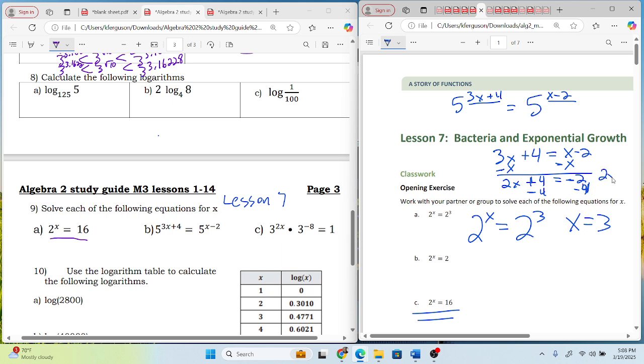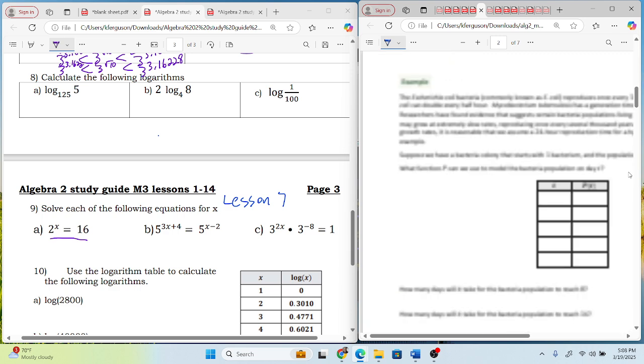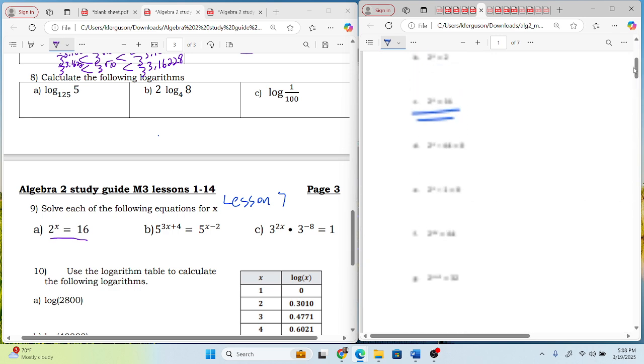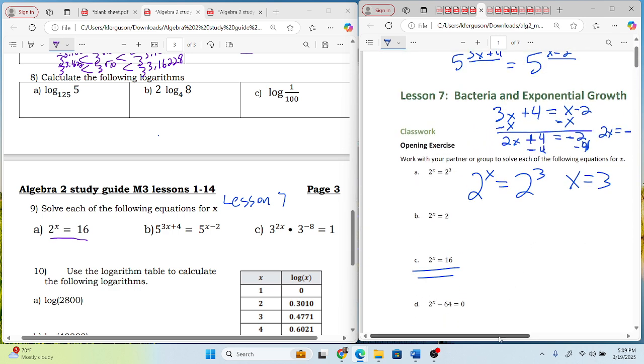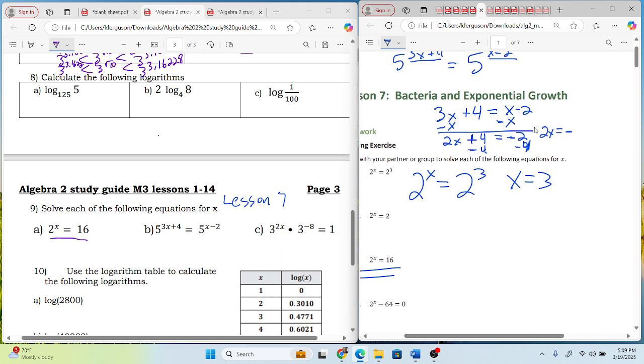I end up getting 2x equals negative 6, because these cancel off, and I got 2x on the left equals negative 2 minus 4, that's negative 6. Well, again, this is an easy problem, so I just divide by 2, and I get x equals negative 3. Boom, I'm done. So see, that's how I would do this problem.